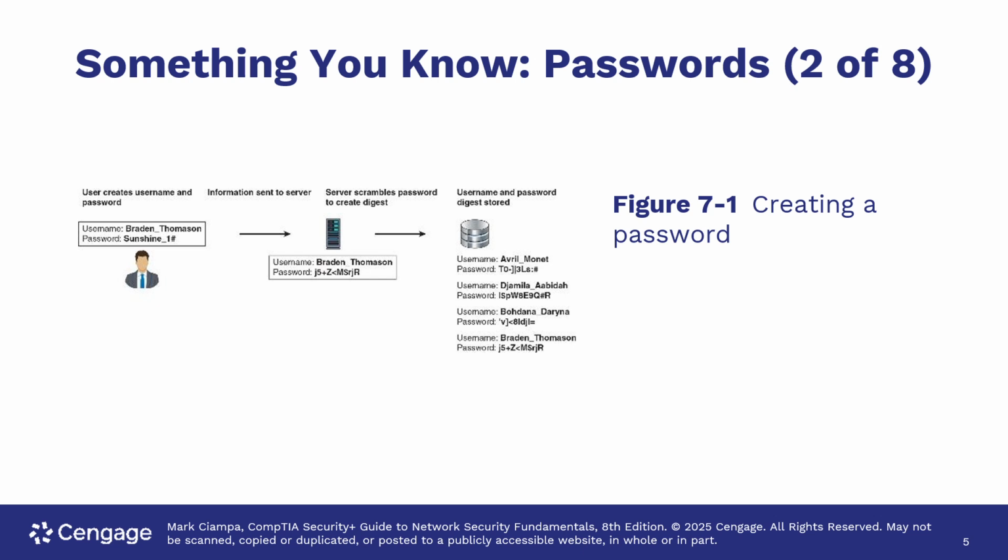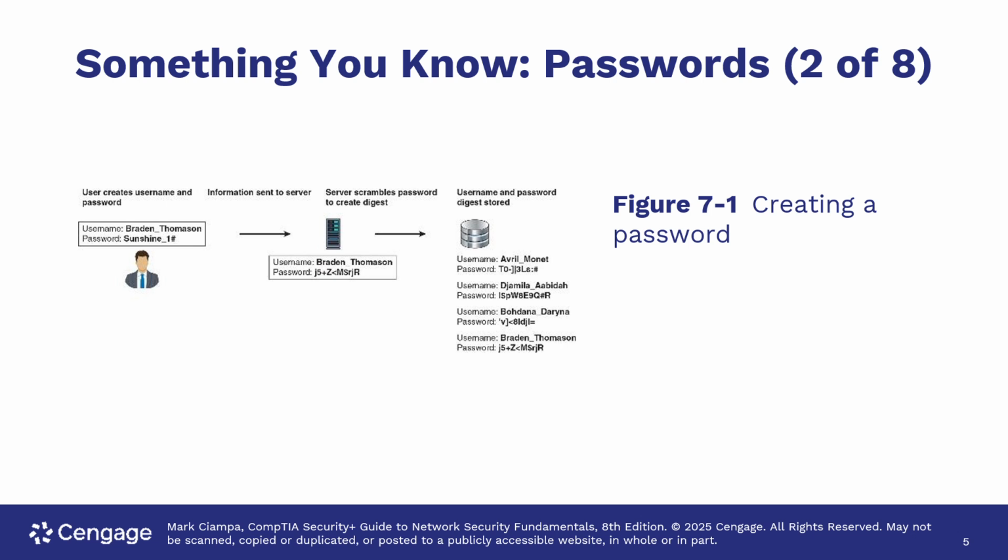So here's the idea of creating a password. The username is Braden Thomason, and the password is sunshine_1$. It's changed into what's called ciphertext.